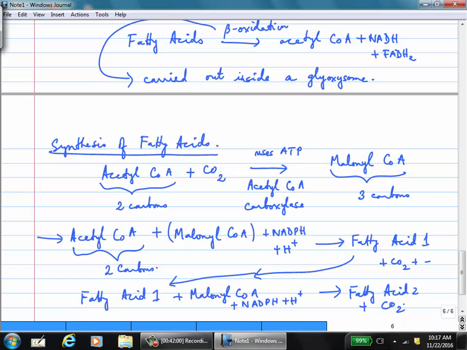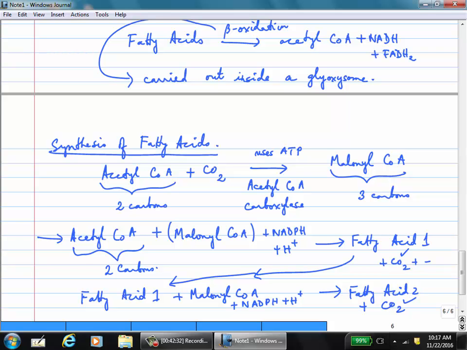The important thing to note here, not the detailed reactions: malonyl coenzyme A has 3 carbons. So every time you take a fatty acid and make it interact with malonyl coenzyme A, you are adding 2 more carbons to the original fatty acid, and the third carbon is being expelled as carbon dioxide. So you can do this, and usually it goes up to 16 or 18.